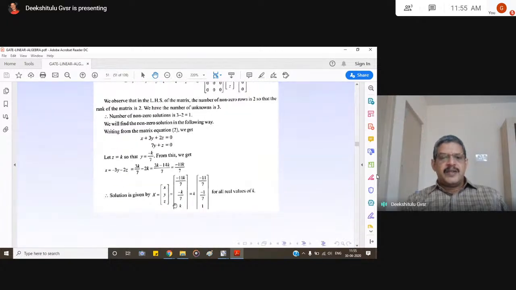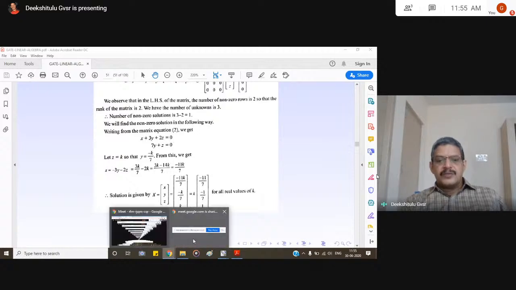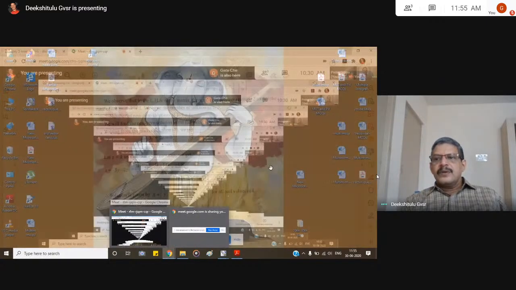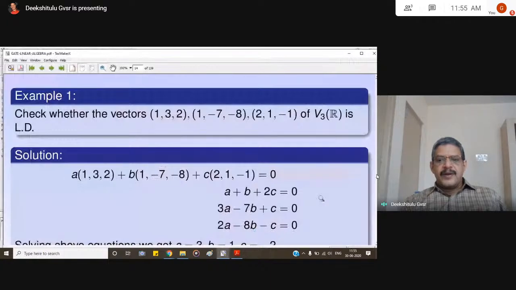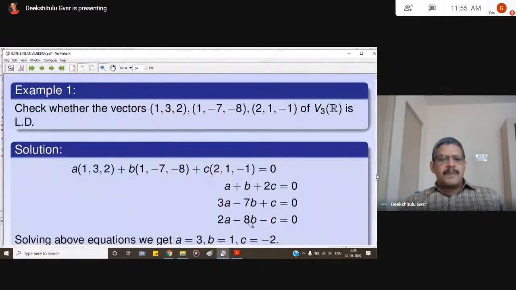So x is minus 11 by 7 k, y is minus k by 7 and z is k. By giving different values to this k, we get an infinite number of solutions. That's how we get the infinite number of solutions.